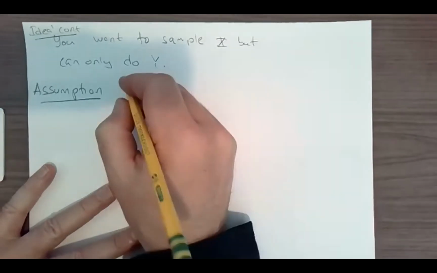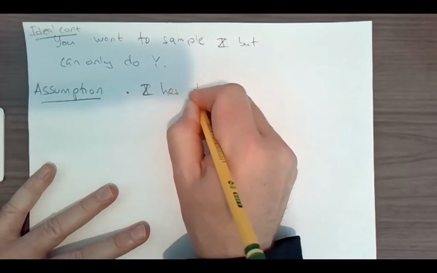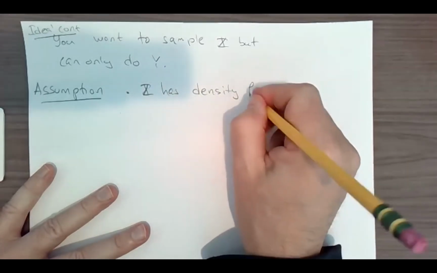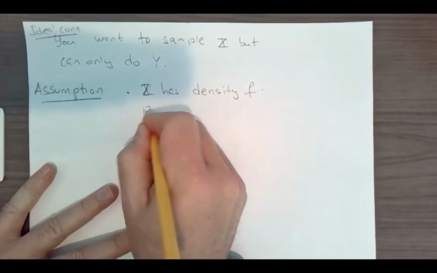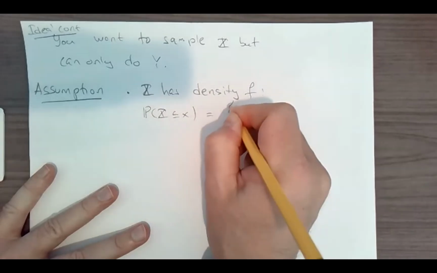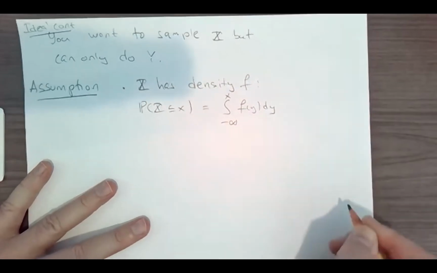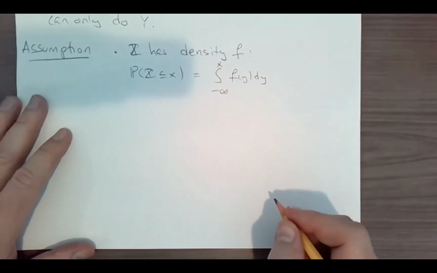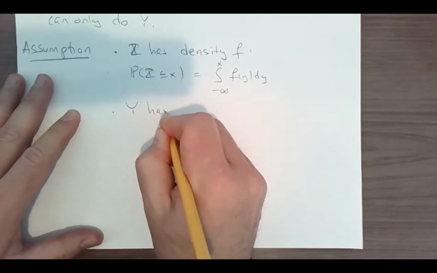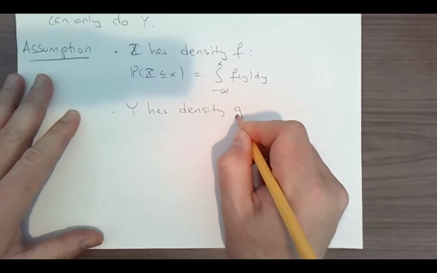We're going to say that X has density f. That means that the probability that X is less than some threshold can be calculated by integrating f. We're going to say that Y has density g.